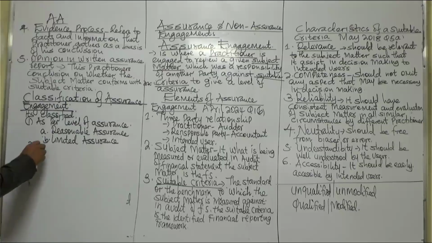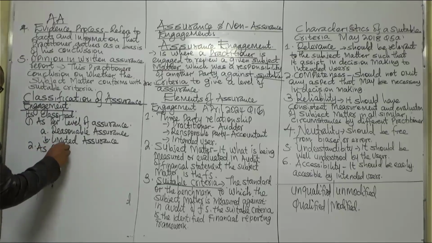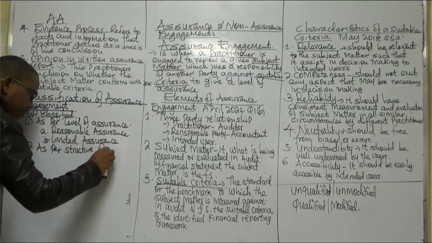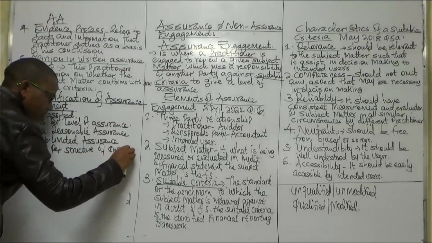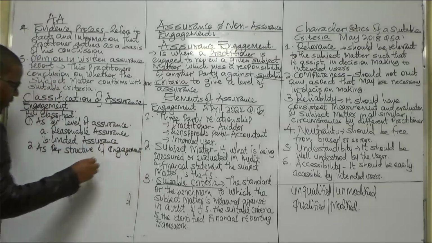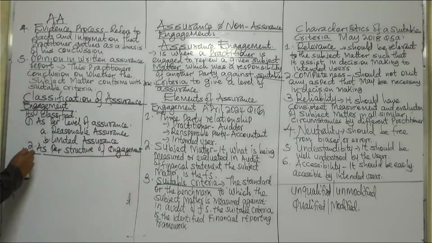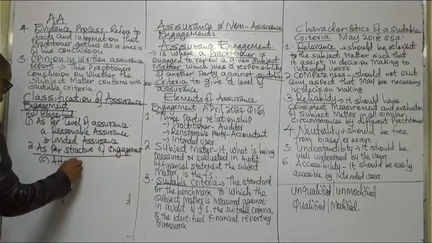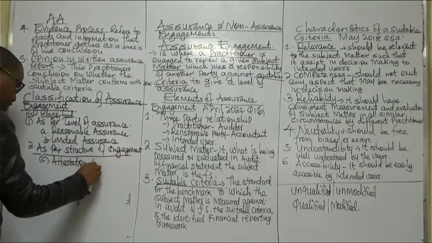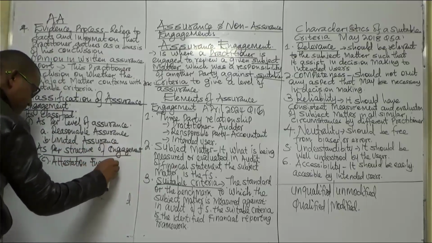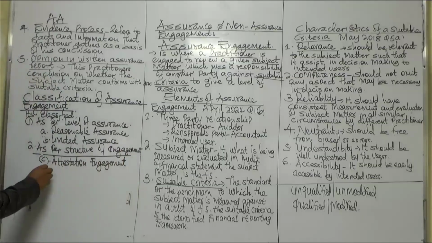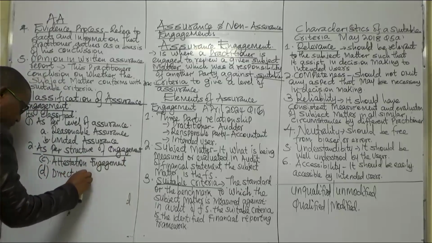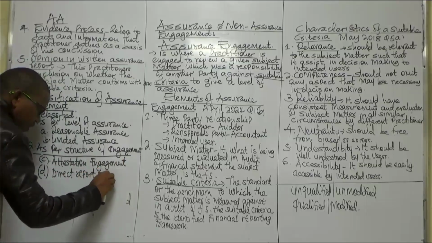Number two is as per the structure of engagement. As per the structure of engagement here, this is where I talk of C, the attestation engagement. Then there is D, what we call the direct reporting engagement.